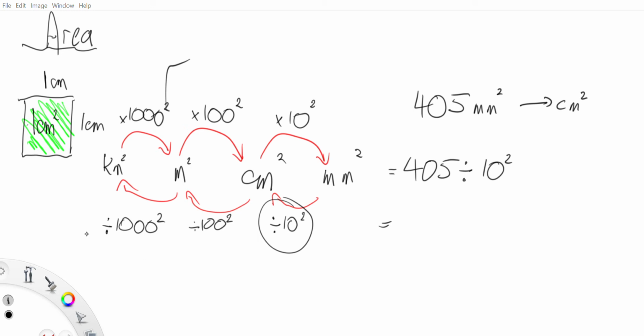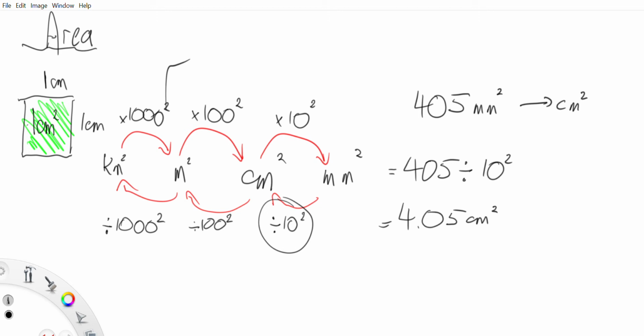The squared button is up here, in between the 8 and 9, go 2 up, and there's a little x with a 2, so that's x squared. So we write 405 divided by 10 squared equals 4.05. So we go 4.05 centimetres squared.